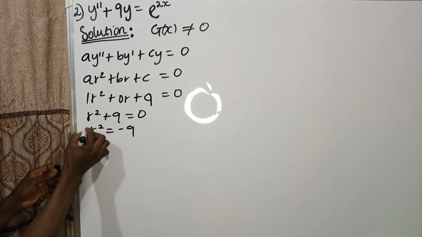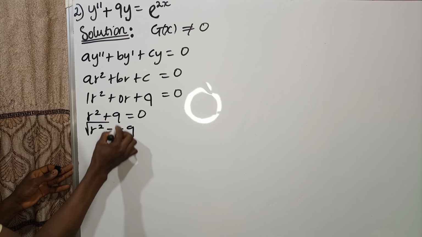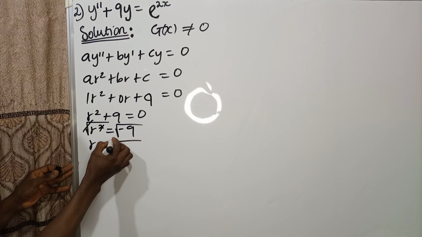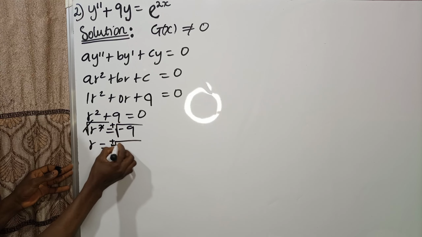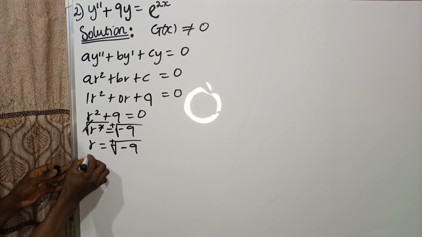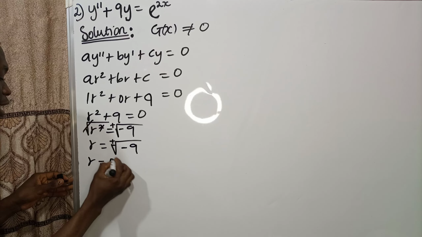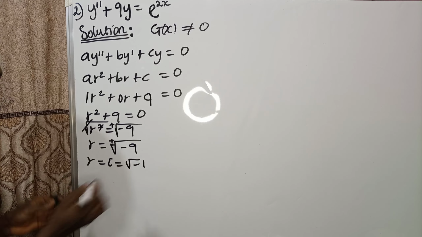Taking the square root of both sides, r is the square root of plus or minus 9. Now remember that i is equal to the square root of -1.